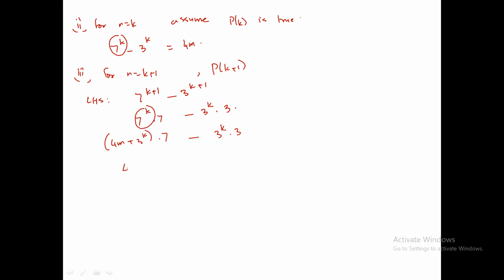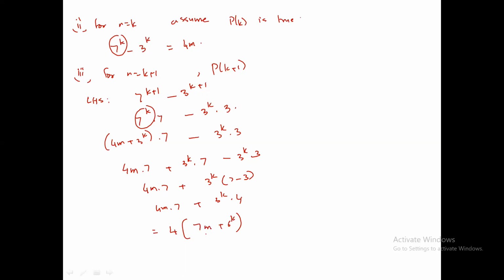So what do I have? 4m into 7, plus 3 power k into 7 minus 3 power k into 3. 4m into 7, 3 power k common, 7 minus 3. 4m into 7 plus 3 power k into 4. I can pull out 4 common, 7m plus 3 power k is left.